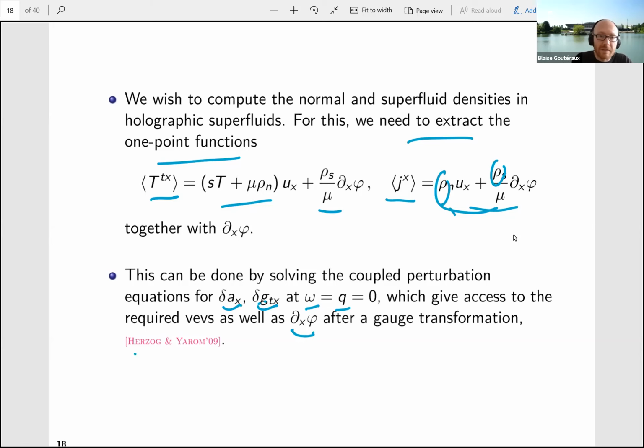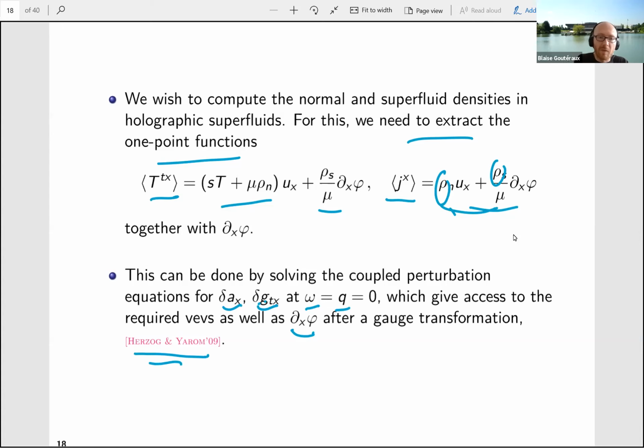And this is something that Herzog and Yarom did very quickly after the original solutions were constructed. So here I'm just going to revisit some of this earlier literature and try to explain some aspects of it or check how some of it is consistent with what I was telling you at the beginning of the talk.